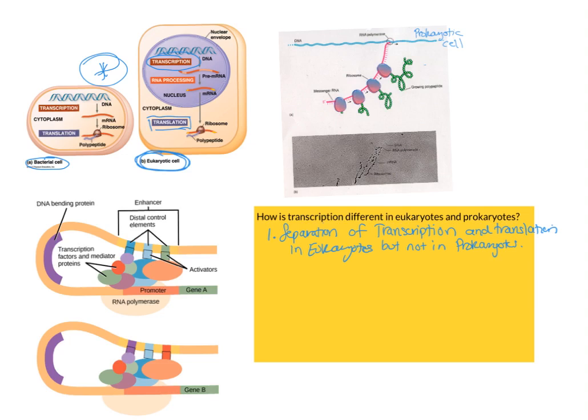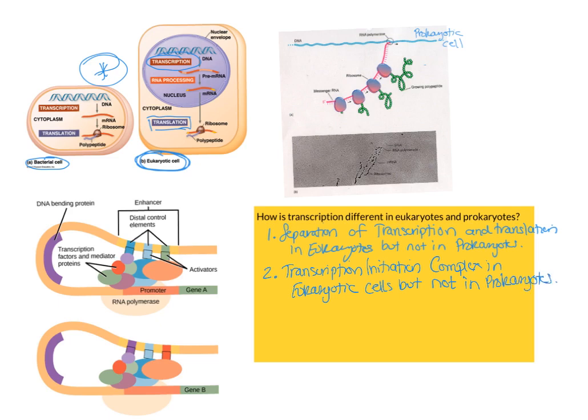The second difference is that in eukaryotes, we have something called the transcription initiation complex that is heavily involved in this very complex regulation of gene expression that's not seen in prokaryotic cells.